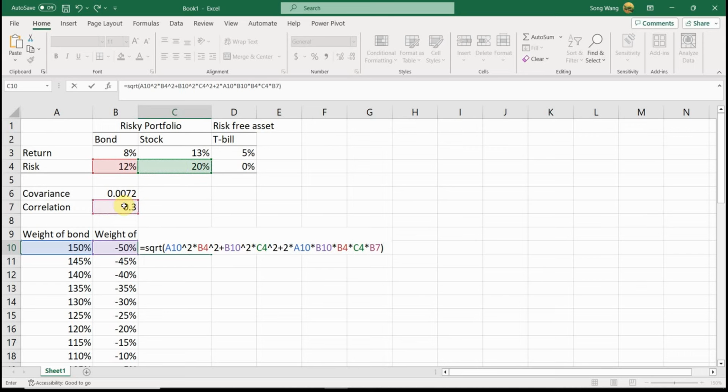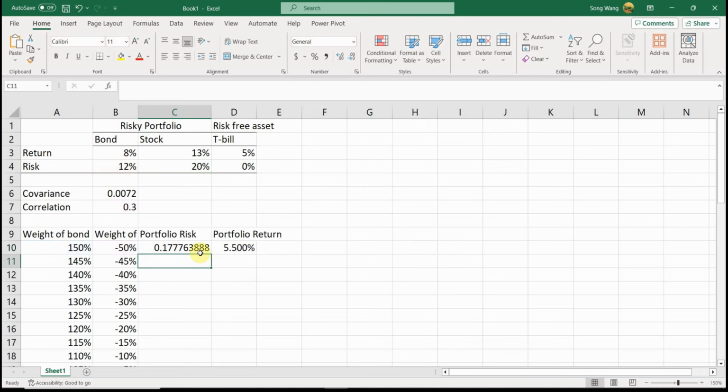Before you close it, you need to make sure these cells are locked, like the risk of bond, risk of stock, and also the correlation. This is also measured in percentage.